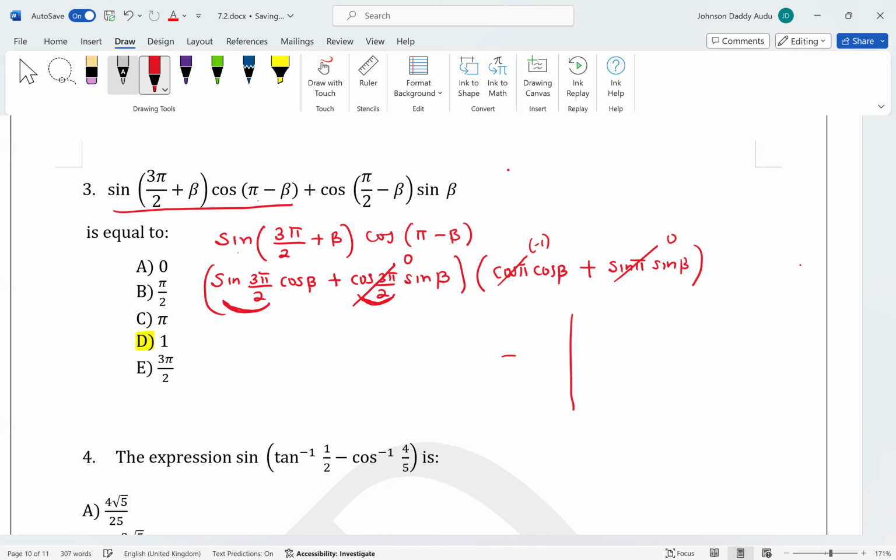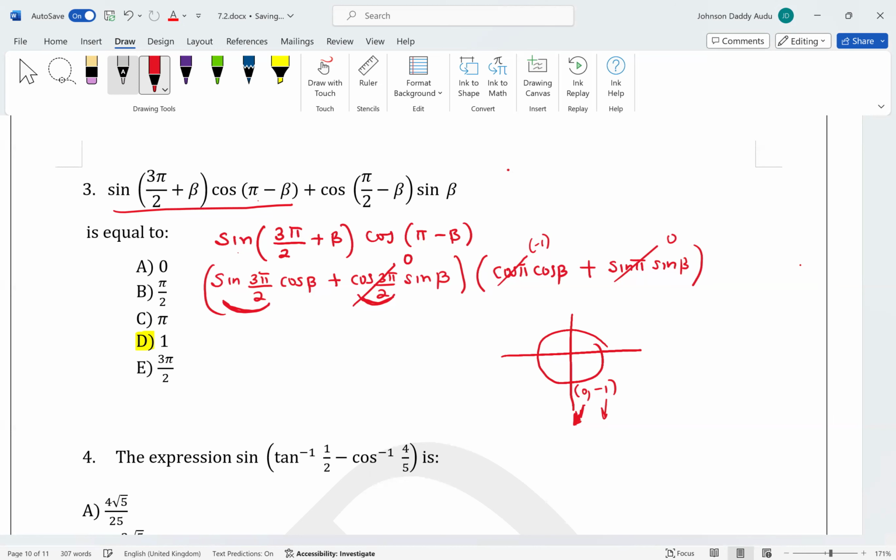How do you remember these things? If you look at this point, this is the point at 270, where x is 0 and y is minus 1. So this is where you have 3 pi over 2, right? The first entry, the x coordinate, is the cosine, while the y coordinate is the sine.